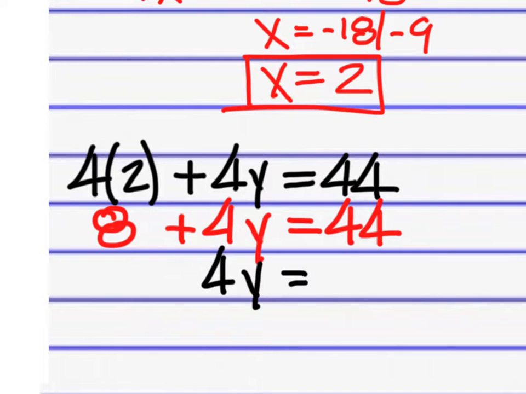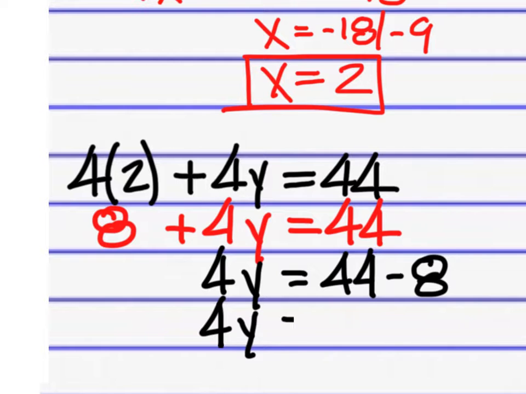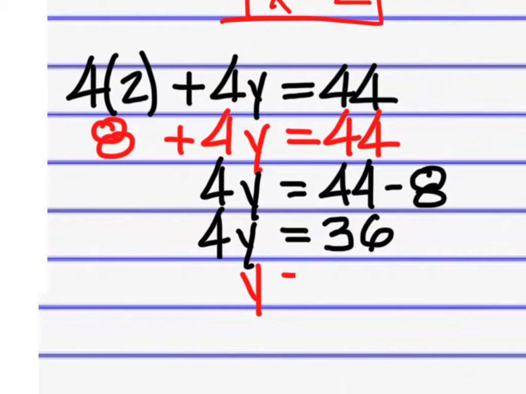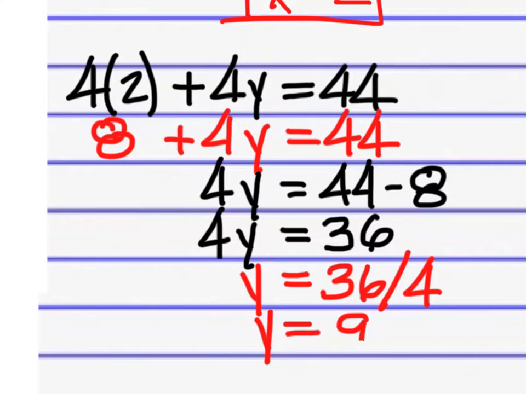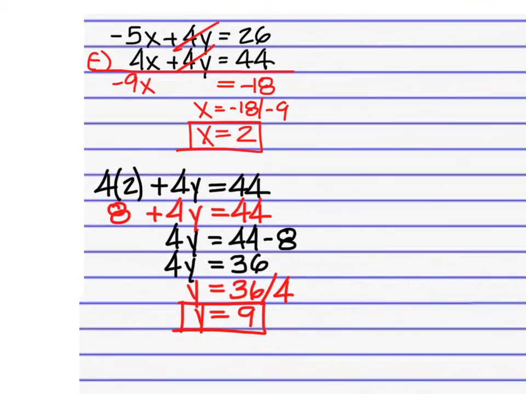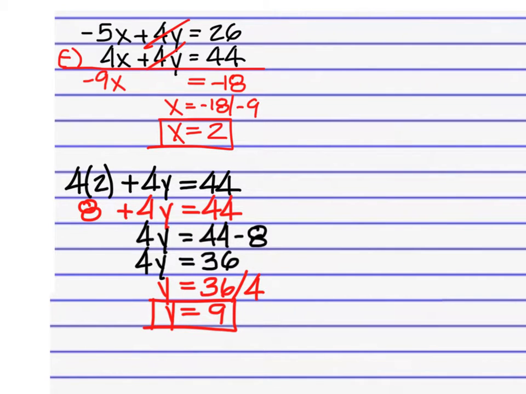Move that 8 to the right side, make it minus 8. You come up with a 36. Divide that 36 by 4 to get an answer of 9. So your solution is 2, 9.